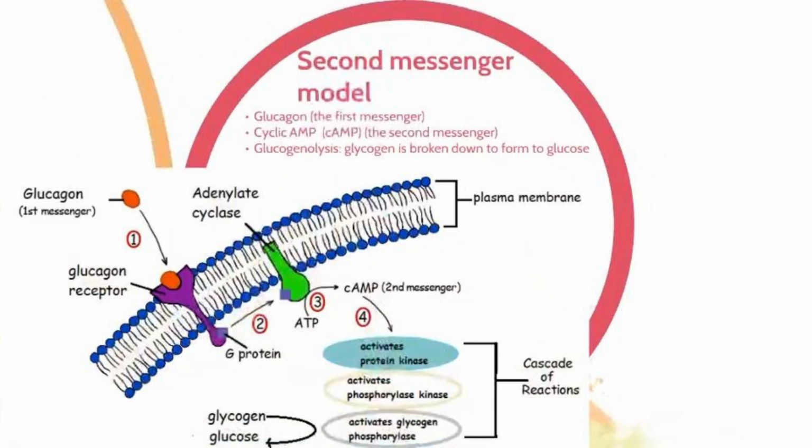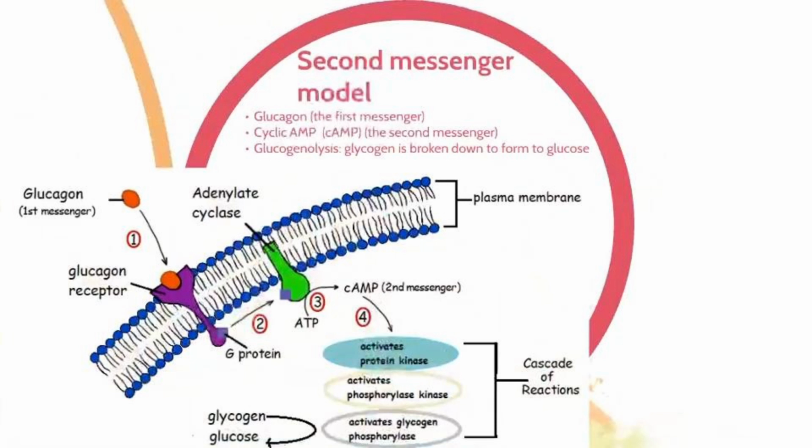So first of all, alpha cells release glucagon into the blood. Glucagon is the first signal, or the first messenger. The glucagon then binds to receptors on the cell surface membranes of liver cells. So it binds to glucagon receptors that are on the surface of the cell.